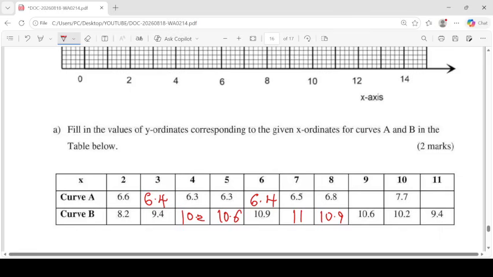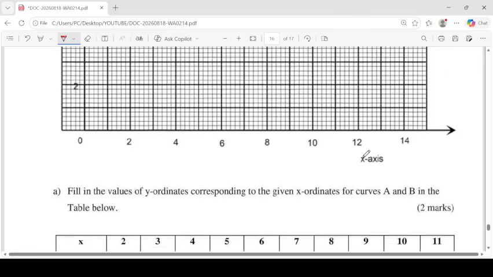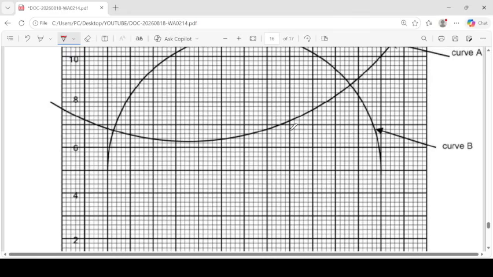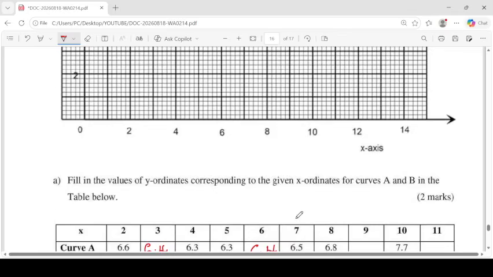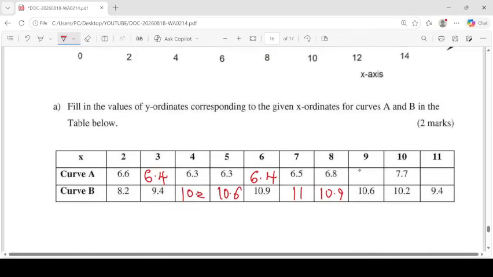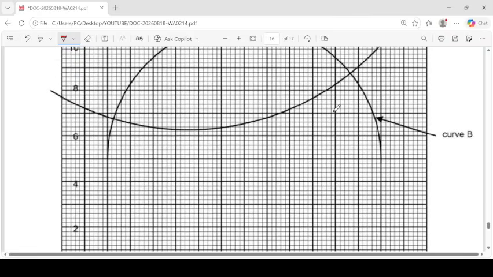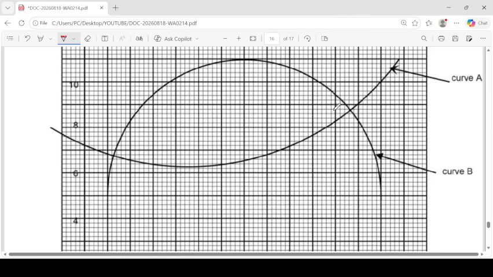When x is 9, curve A should read 7.2. Finally, when x is 11, curve A is reading 9.4.